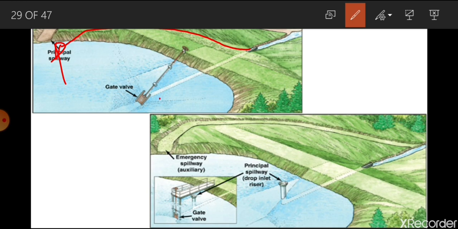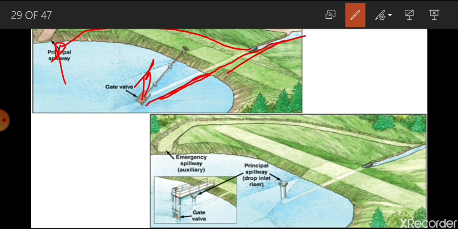It is connected underground to this lower stream. So when this gate wall opens, or you lift this gate wall, the water will pass through the pipe and provide water into the downstream area. This is a kind of spillway.